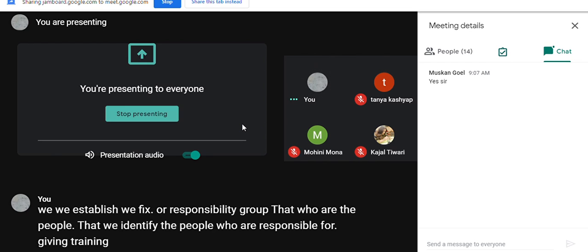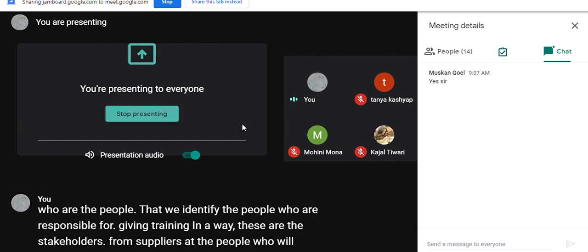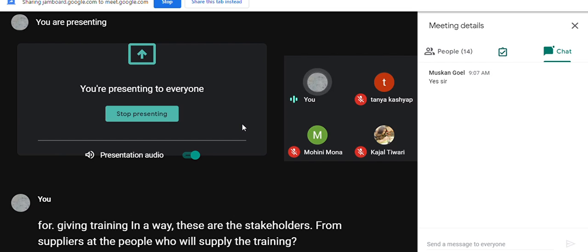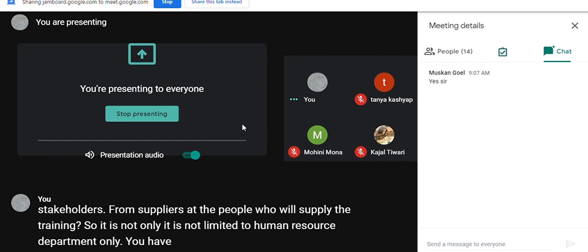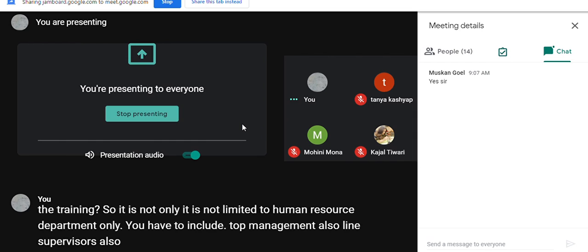In a way, these are the stakeholders from the supplier side, the people who will supply the training. So it is not limited to the human resource department only. You have to include top management also, line supervisors also, other employees, colleagues.